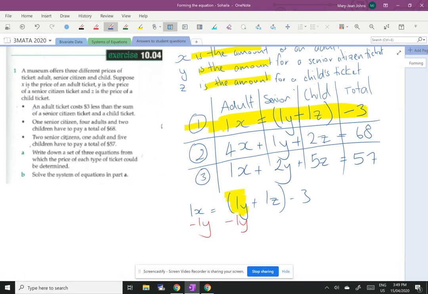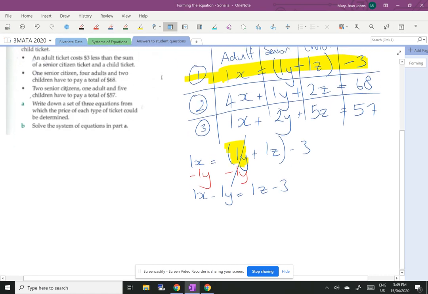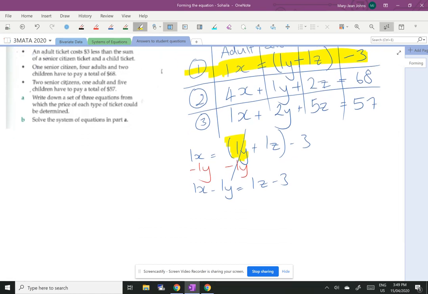So I do that, carry it through, and that gives me 1x minus 1y equals 1z minus 3. From there, I can see that I've got z on the wrong side. Opposite of a positive z is a minus z, and I do that to both sides. Remember, I'm going to put it alphabetical. So I'm going to get 1x minus 1y minus 1z equals minus 3.